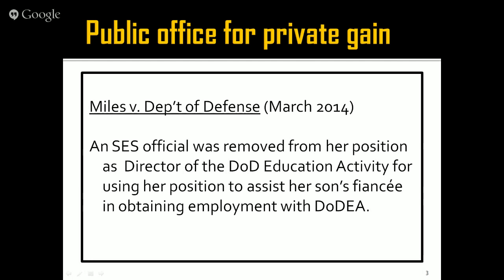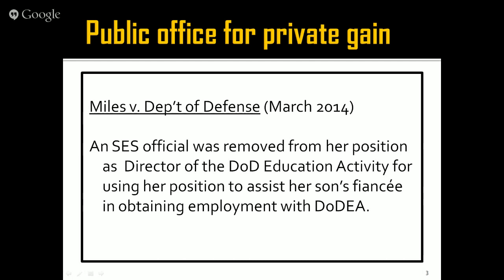So my point here is that the agency did not have to look for a more explicit provision in Subpart G to bring a charge of misuse of public office for private gain. They merely invoked public office for private gain and were able to establish that a private gain had actually been provided or resulted from her actions.